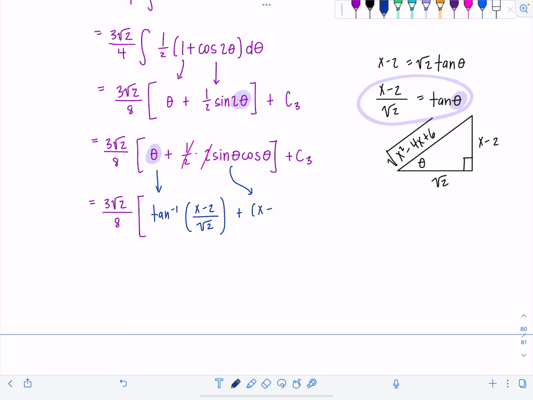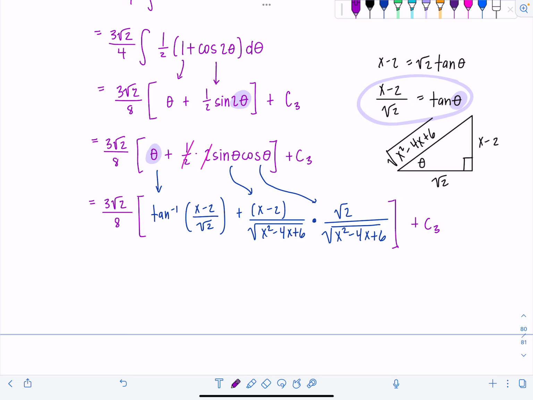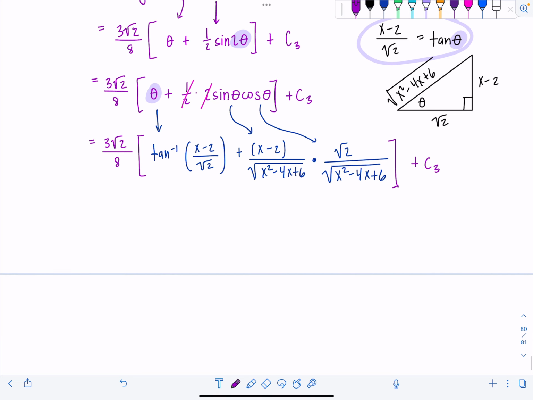So that's x minus 2 over rad x squared minus 4x plus 6 times cosine theta, which is adjacent over hypotenuse. Same denominator. Rad x squared minus 4x plus 6. Close it up. Plus C3. Okay, and then I'm just going to distribute through so everything's nice and cleaned up.